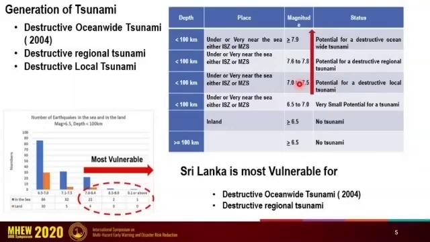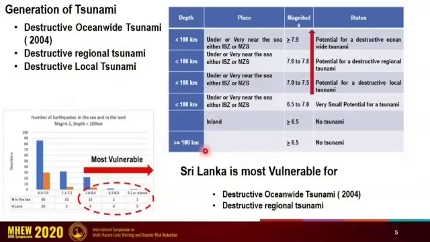Different kinds of tsunamis can develop at different magnitudes. Sri Lanka is most vulnerable to the destructive ocean-wide tsunami and the destructive regional tsunami, but Sri Lanka is not vulnerable to the local tsunami.